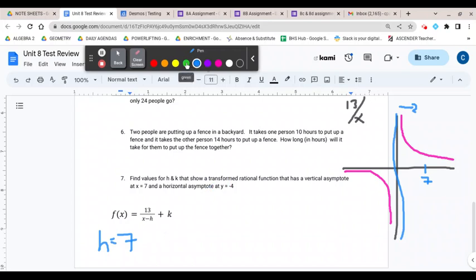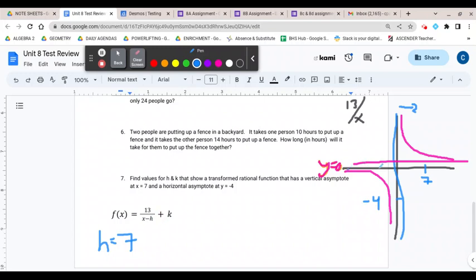Horizontal asymptote at y equals negative 4. So the horizontal asymptote here is at y equals 0 on the pink one. That's a horizontal asymptote there. We want to move it to negative 4, so we move it down here to negative 4.